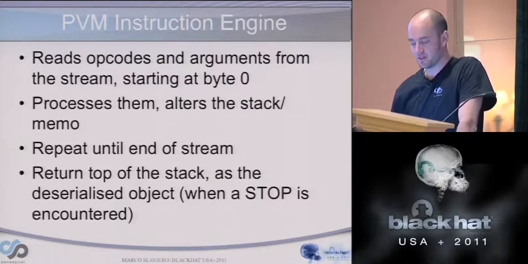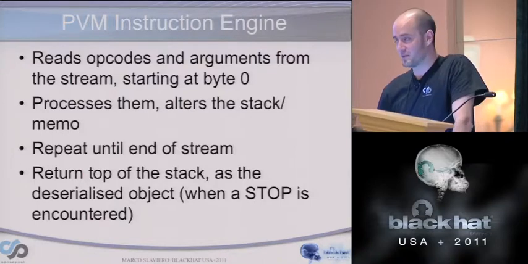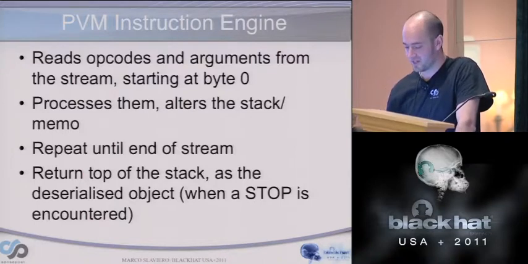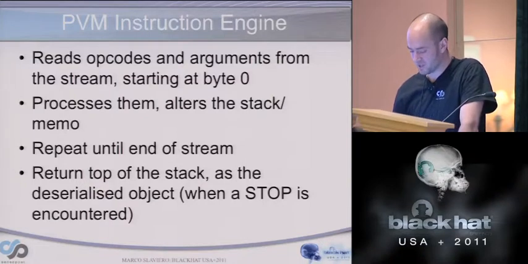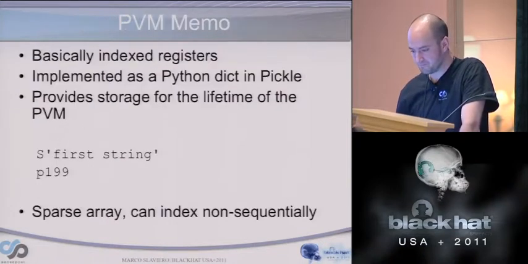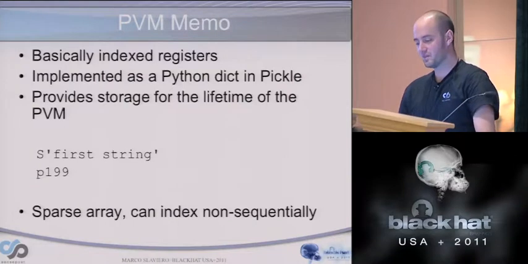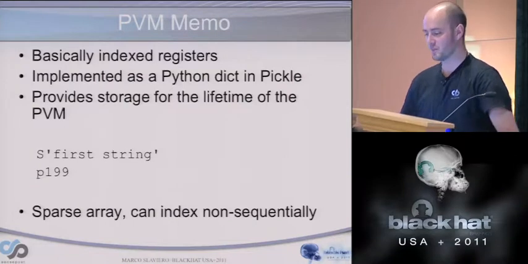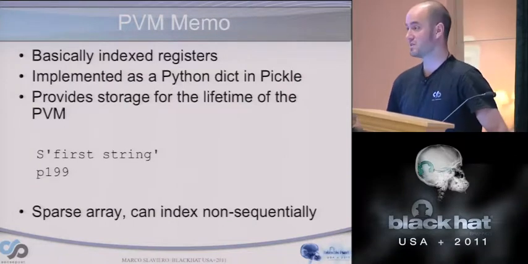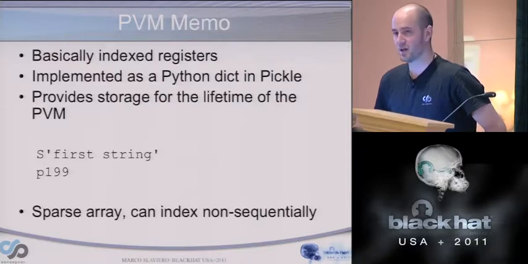So that's actually how an object gets produced. You manipulate data through this PVM, and at the end of this manipulation, an object should be living on the stack, and that object gets returned. So the second part of the PVM is the memo, and the memo is analogous to registers on a regular machine.